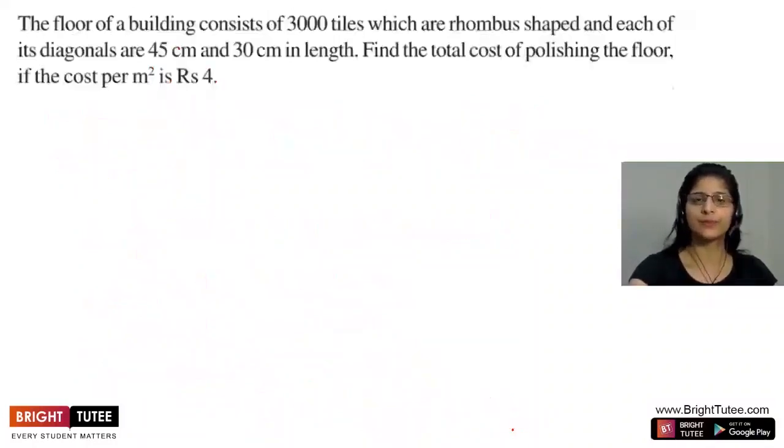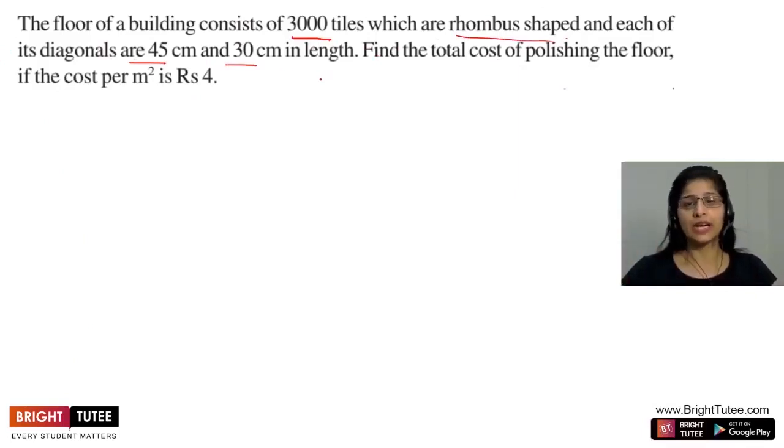Let's move ahead. If you see here, there is another question. It is saying the floor of a building consists of 3000 tiles and the tiles are rhombus shaped. Each tile's diagonals are 45 and 30 centimeter in length. That means, what are they saying?